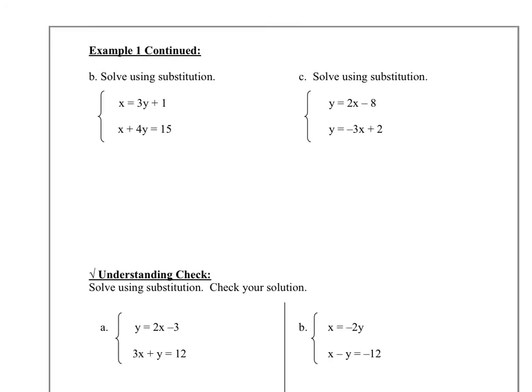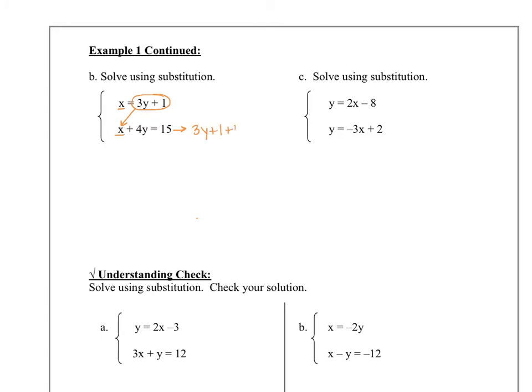The way that these work and how you make these go is we need some orange. Let's make an orange color. So if it's x equals, then you take all of this stuff and you put it in place of x. So your bottom equation stays exactly the same, except instead of x, we're going to use 3y plus 1.